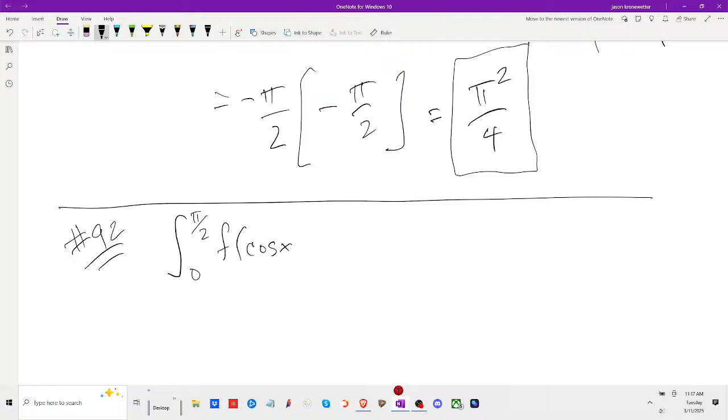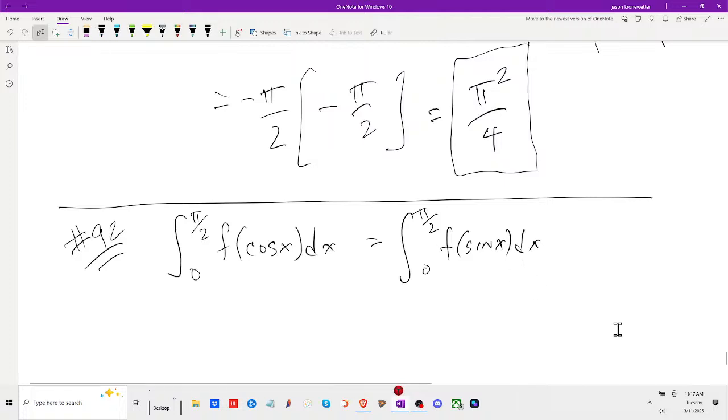So f of cosine x dx. If you're a normal person, when you look at this, you just pretty much have no idea what to do. And it's only after you've had some experience or you spend some time thinking about it that, I mean, it's hard for me to imagine not having any experience and then doing this problem.